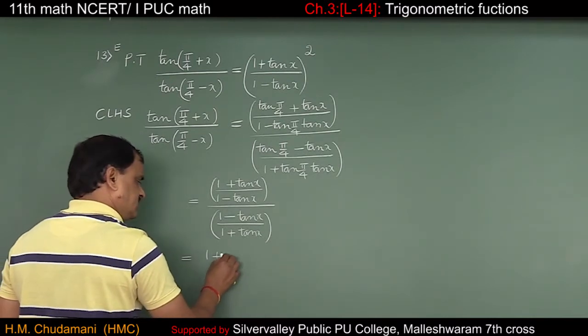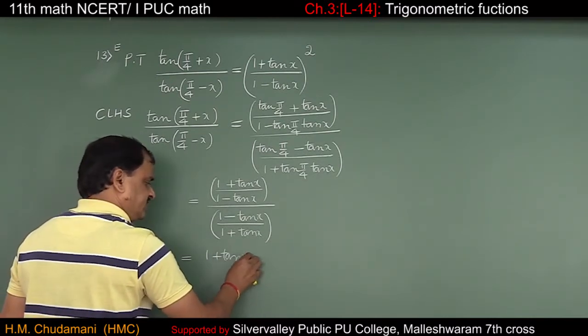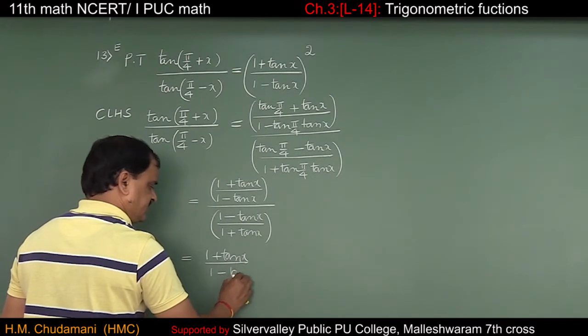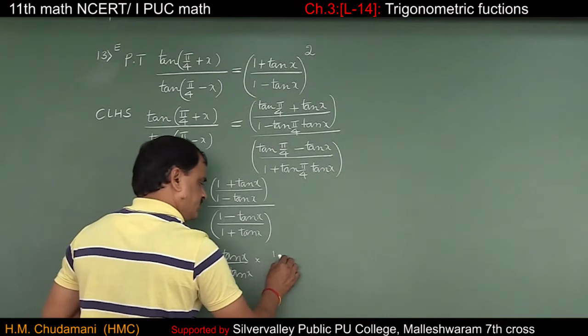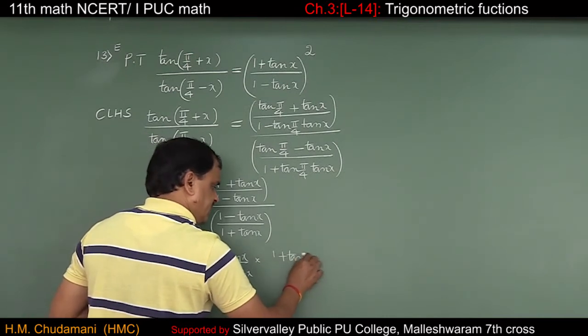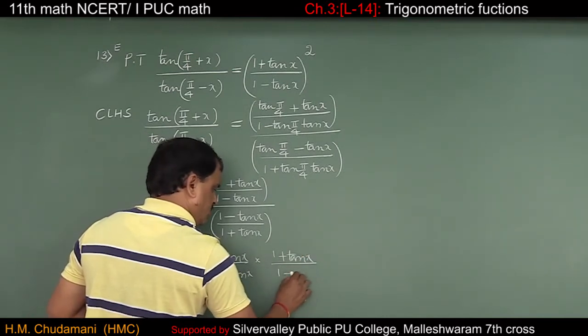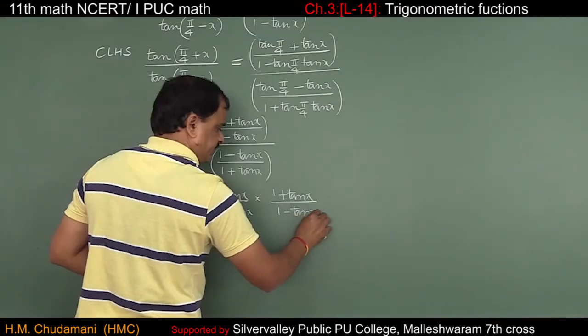We are left with 1 plus tan x divided by 1 minus tan x into, this gets reciprocal, 1 plus tan x divided by 1 minus tan x.